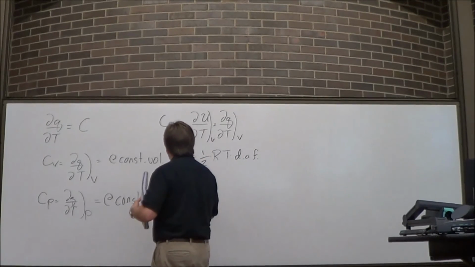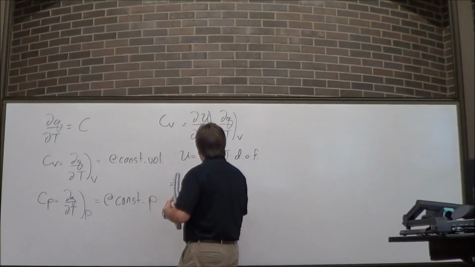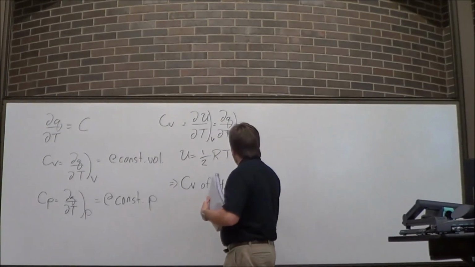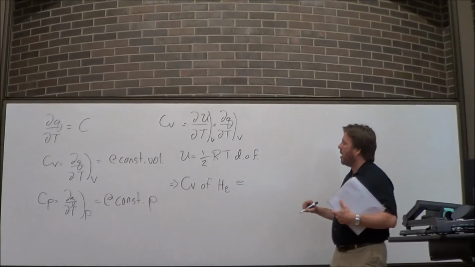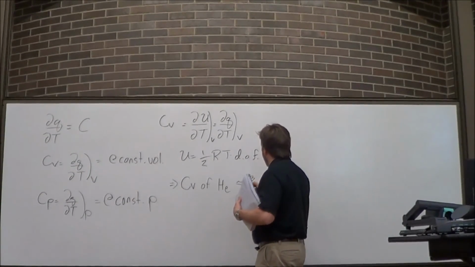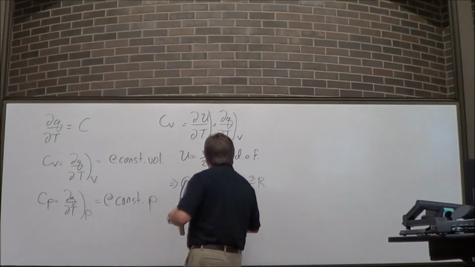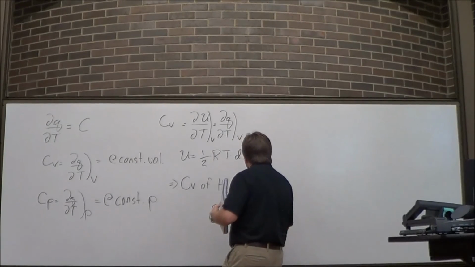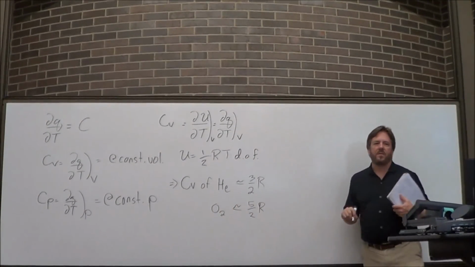Therefore, and I'm answering one of your homeworks right now, the C_V of something like helium ought to be something like, what would that be? 3/2 R. The derivative of T with respect to T is just 3/2 R. O2, which has 2 rotations, would be like 5/2 R. And again, that's because it increases its degrees of freedom.